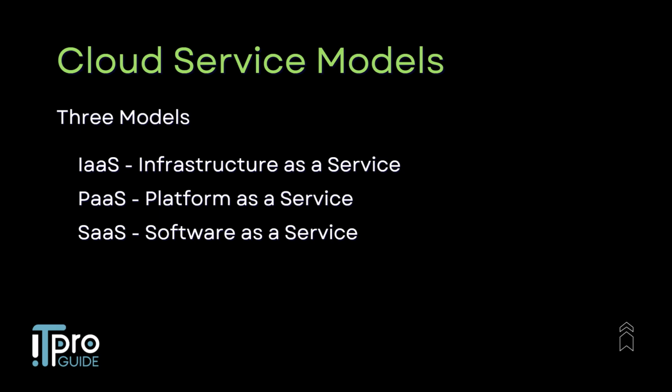For example, Microsoft Azure or Amazon or Oracle, etc. There are three cloud service models: infrastructure as a service, the first one; platform as a service, the second one; and software as a service. You can also use the short forms IaaS, PaaS, or SaaS. So the services are delivered in these three main models.